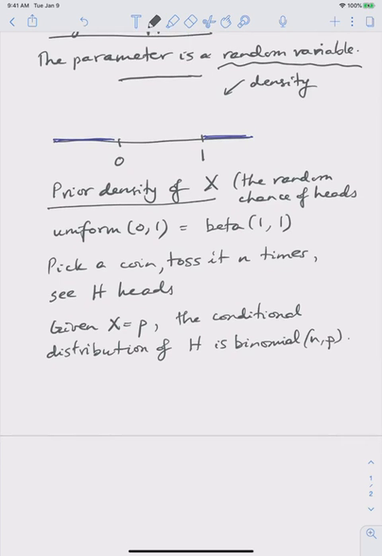And that's fine, but what we want to know is, given H, what do we now think of the coin? And so we have to update our opinion.